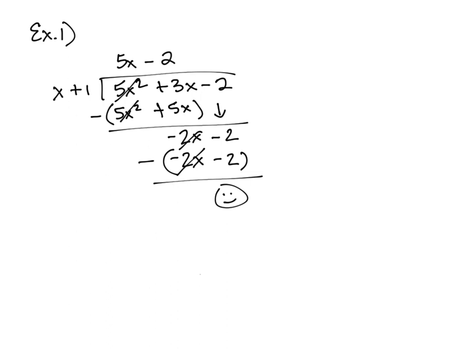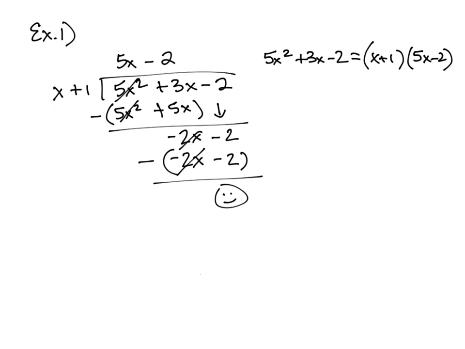So what we're saying here is that 5x squared plus 3x minus 2 is equal to our divisor, x plus 1, times our quotient, 5x minus 2. What's another way we could have found that? Factor. Don't you know that when we're factoring, we're dividing?